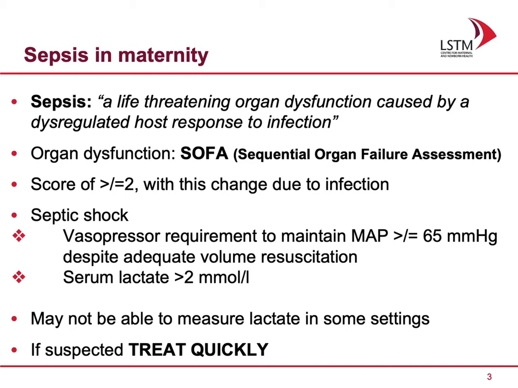So a vasopressor requirement means that somebody is needing drugs, perhaps adrenaline or noradrenaline, some sort of drug that can keep the pressure up, and that they need that to maintain their blood pressure at a level enough to allow the delivery of oxygen to the tissues.